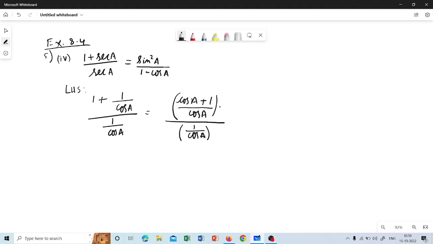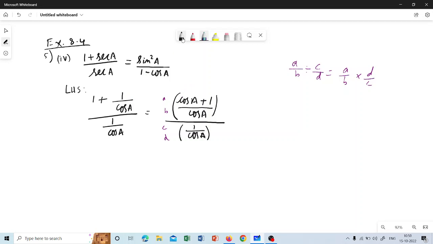So now you can see that again in terms of fraction, I can write like this. If it is a by b divided by c by d, this is equivalent to a by b into d by c.